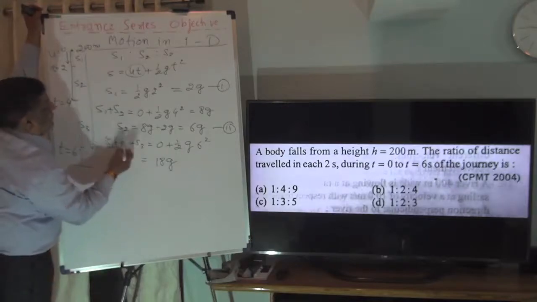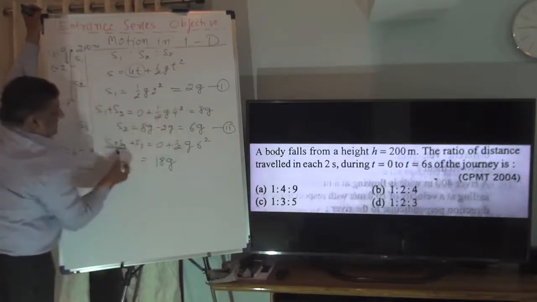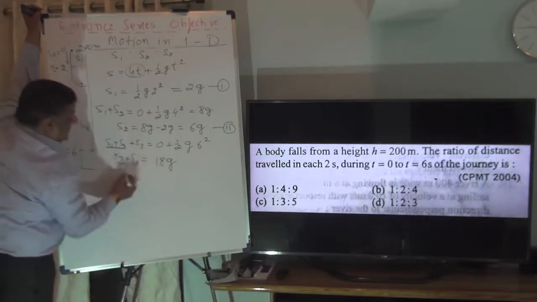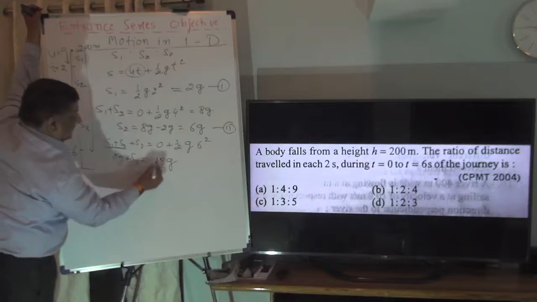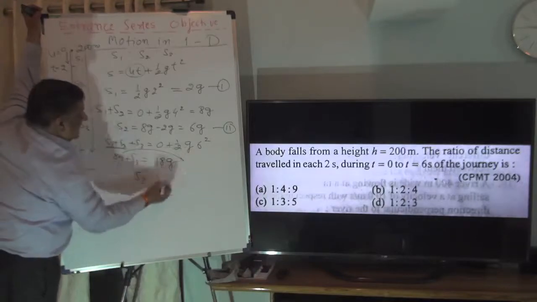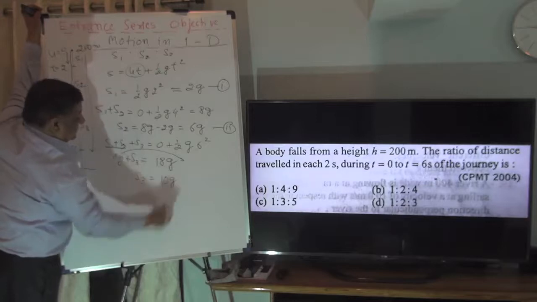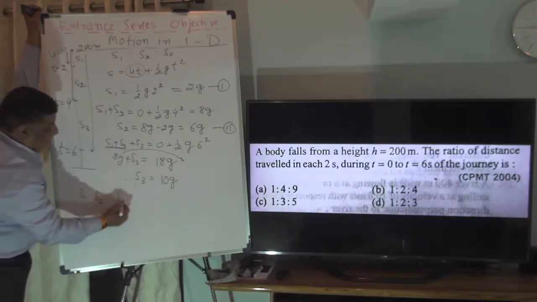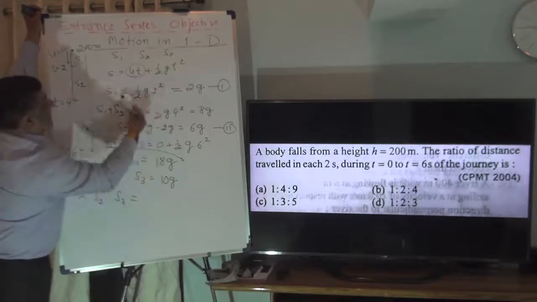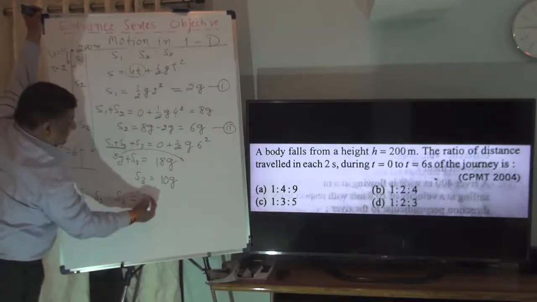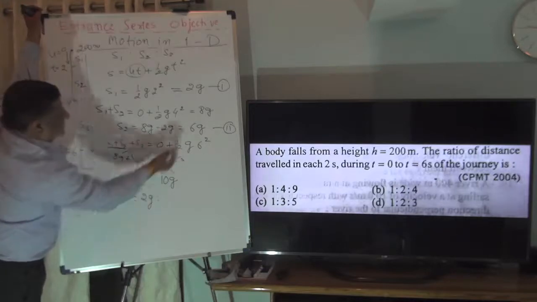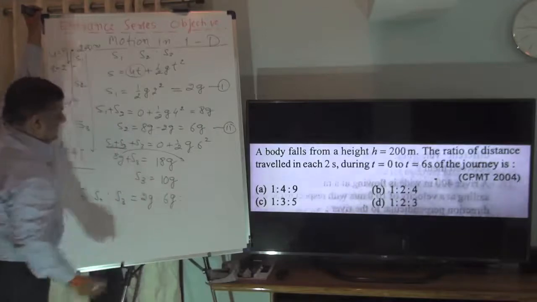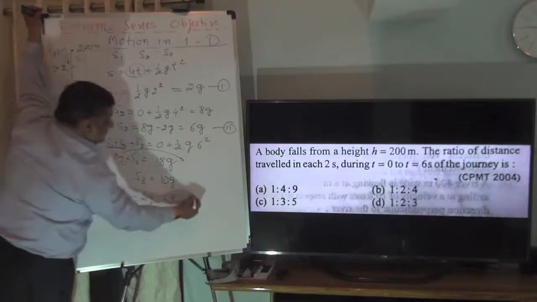S1 plus S2 is 8g, so 8g plus S3 is equal to this. Therefore, S3 is equal to 18g minus 8g, equal to 10g. So S1, S2, S3 is 2g, 6g and 10g.